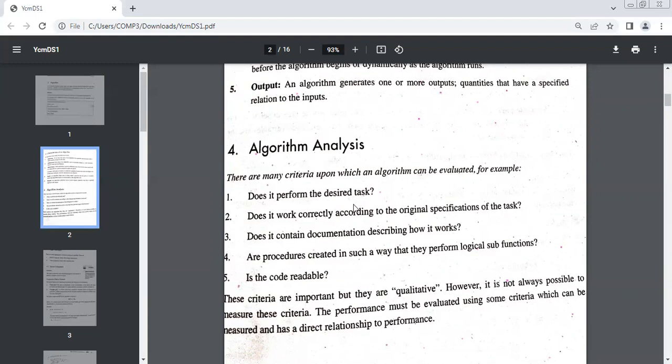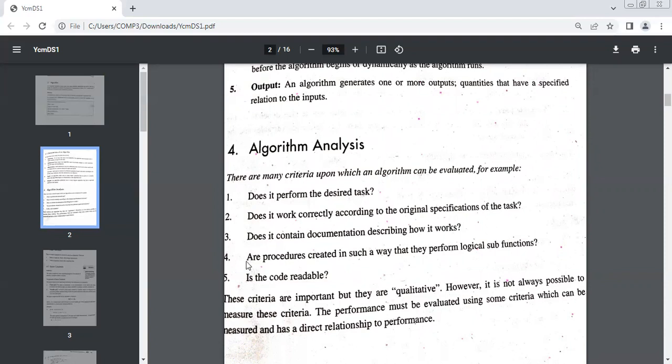That is, when we define an algorithm, does it perform the specific task or not? Then the second one is: does it work correctly according to the original specification of the task? Third one is: does it contain documentation describing how it works?